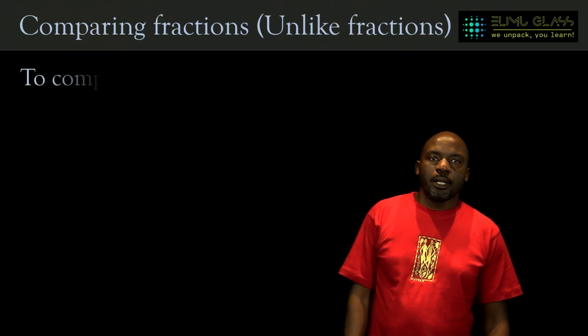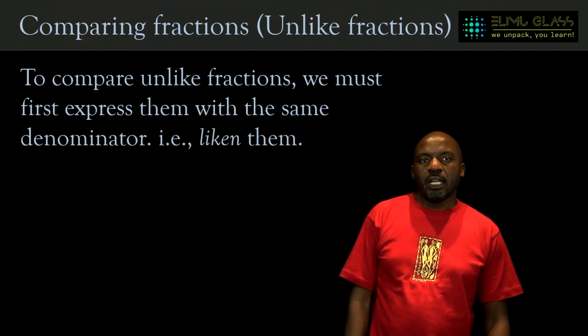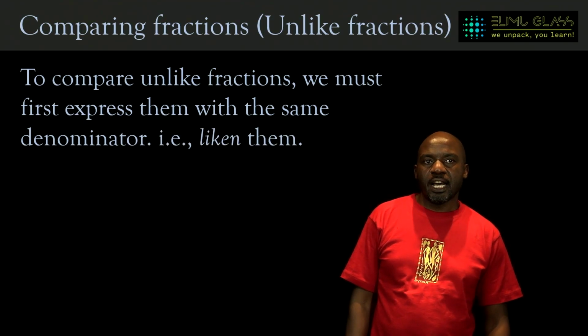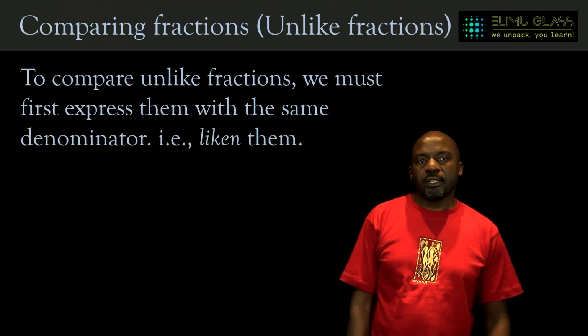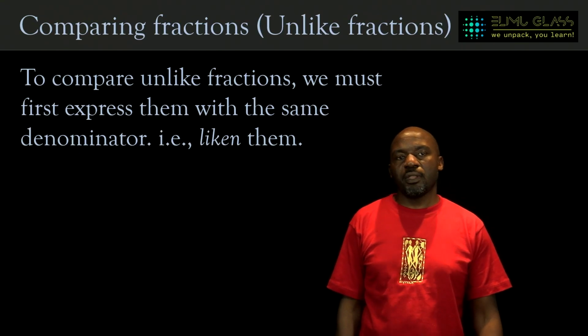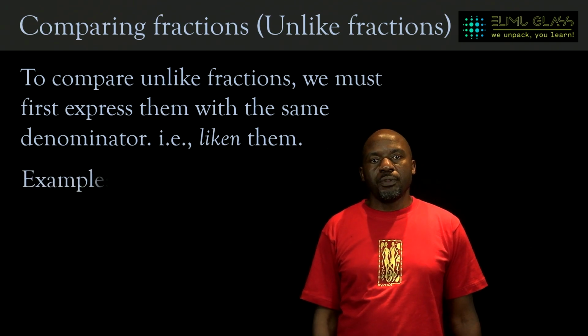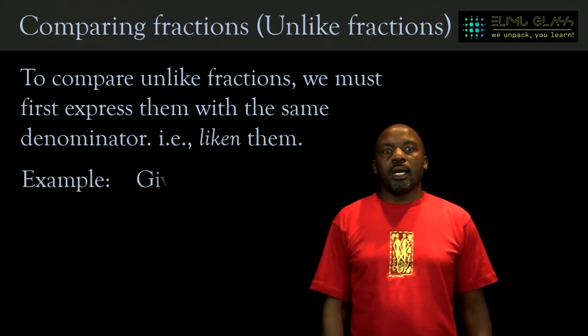Now, comparing unlike fractions. If they are not like, in other words, they are unlike fractions, our first task is to liken them. In other words, do something to ensure that their denominators are the same. So how do we do that? Here is an example.